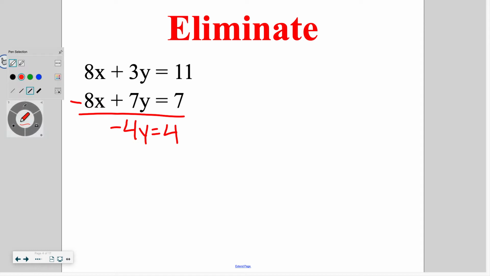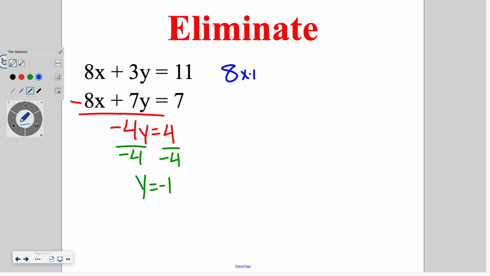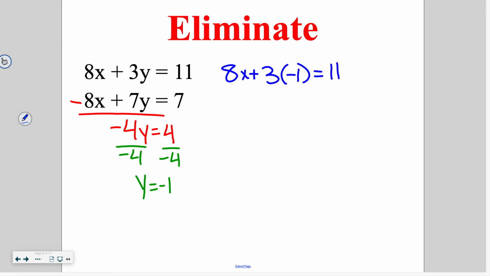Now I can go ahead and keep solving for y, dividing by negative 4 on both sides, giving me an answer of y is equal to negative 1. We're only halfway done because we need to plug this back in. It does not matter which equation you plug back into, as long as you plug into one of the equations. So I'm going to pick the first one, and I'm going to say 8x plus 3 times negative 1 is equal to 11.